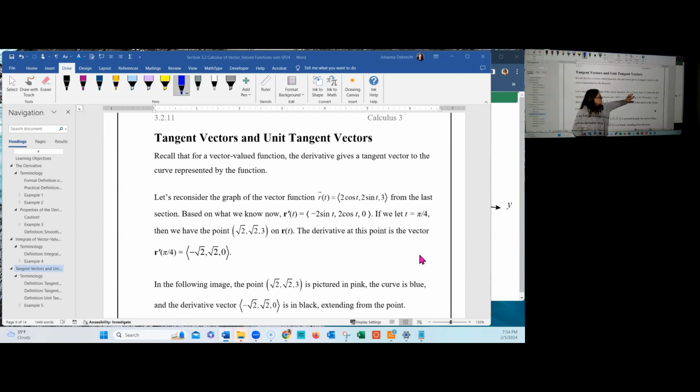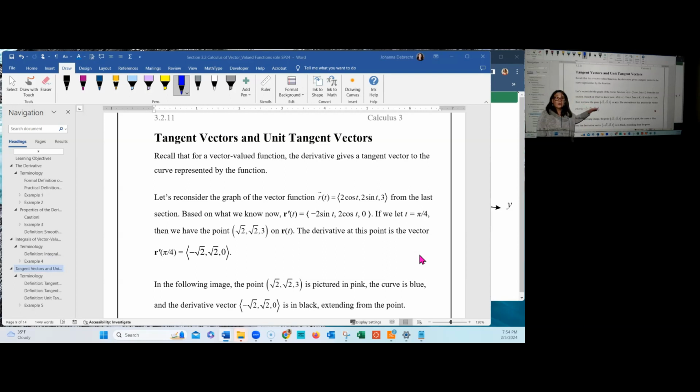So going back to the original, the cosine of pi over 4 is square root of 2 over 2, multiplied by 2 would just give me square root of 2. And then the sine of pi over 4 is also square root of 2 over 2, multiplied by 2 would give me another square root of 2. And there's no place to plug it in the third component, so it stays 3. So I have a point that is on the space curve for the vector valued function r of t.